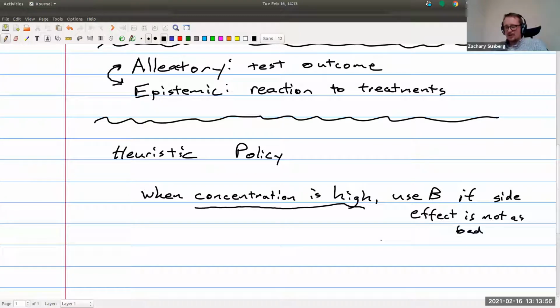Say I'm trying to decide whether to use B for the next 6 months. Is there any case where it would be right to use B even if it's worse than having the cancer for those 6 months? If there's a guarantee that at the end of those 6 months, the person becomes maybe cancer free.